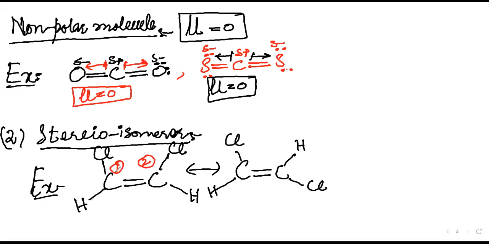Here at carbon 1 chlorine is present and at carbon 2 chlorine is also present, so we can write the IUPAC name of that compound as 1,2-dichloroethene.